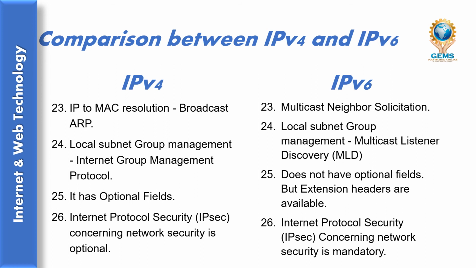In IPv4, local subnet group management uses the internet group management protocol. But in IPv6, it uses multicast listener discovery. IPv4 has an optional field, but IPv6 does not have an optional field, though extension headers are available.